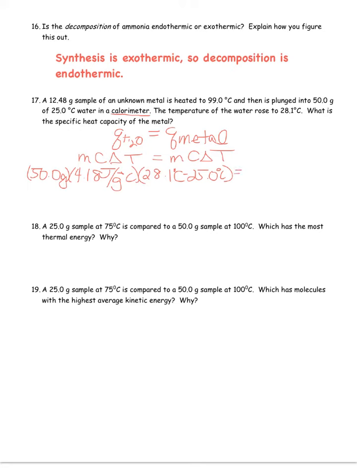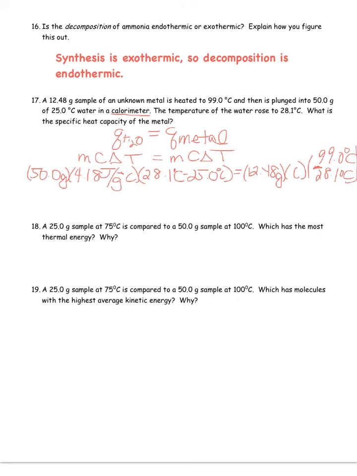And all that's going to be equal to the mass of the unknown metal, which is 12.48 grams. The specific heat capacity of the metal, which is what we're looking for, and the delta T. I think I'll write it up and down here so that we have space. Essentially taking 99 degrees Celsius minus where it ended up, the 28.1 degrees Celsius.